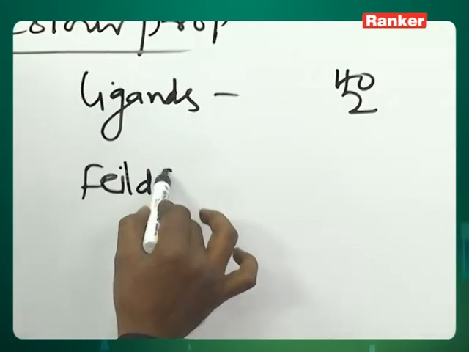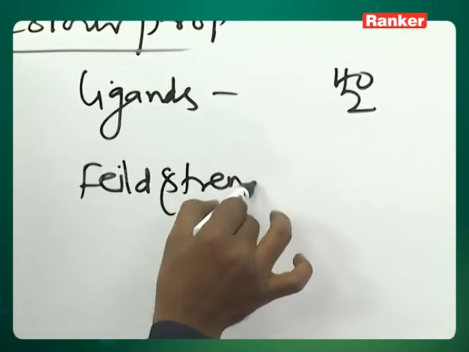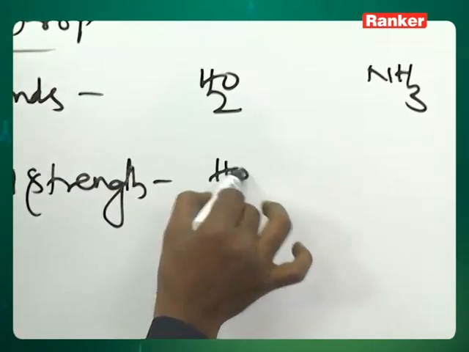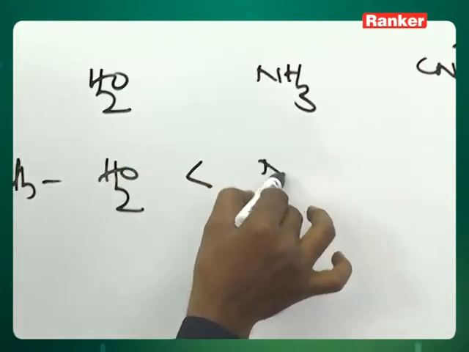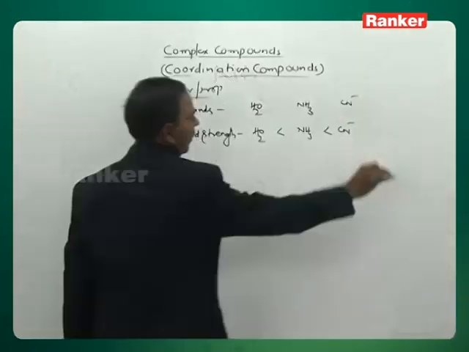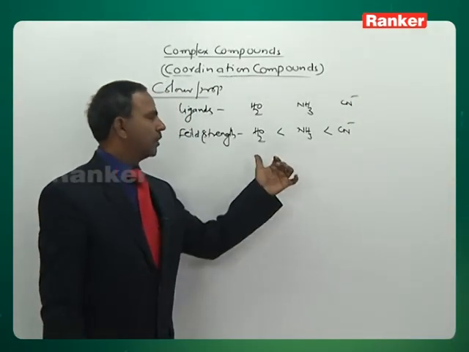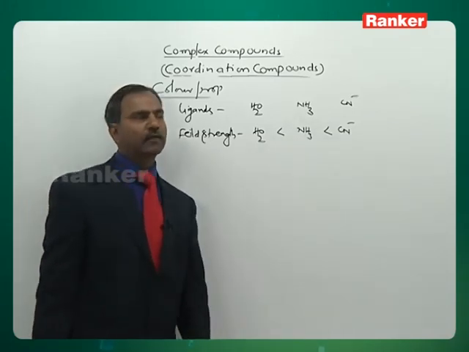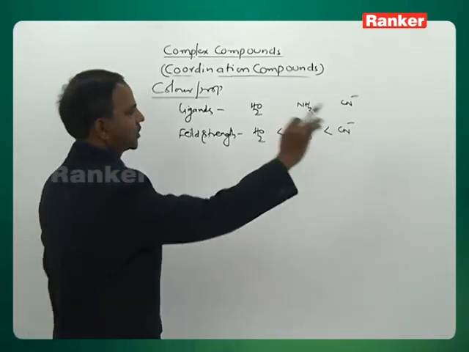Then field strength. See, what is the field strength? H2O is a weak field ligand, but amine is strong field, though weaker in comparison to CN minus. The 3 ligands: aqua less than amine, amine less than cyano. This is the order of field strengths.